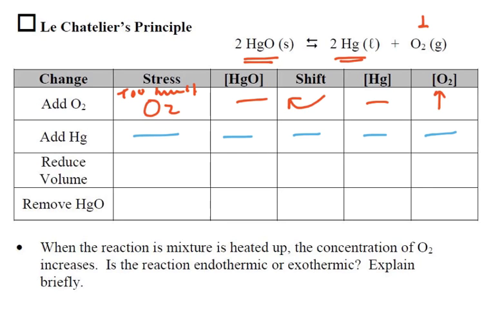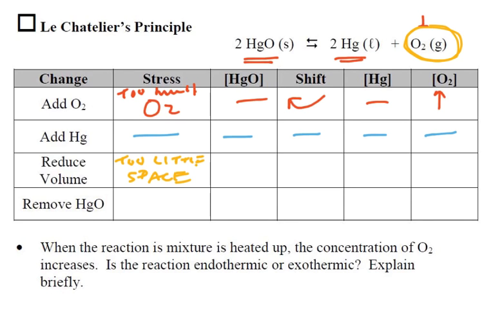If I reduce my volume, now reducing my volume says there's too little space. So if there's not enough space, I'm going to shift to the side with fewer moles of gas. And this is important, that I only want to look at my gas. So on this side I have 1 mole of gas.